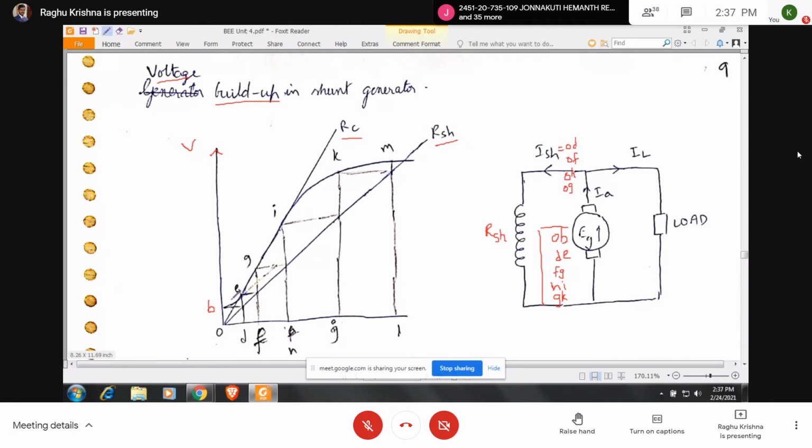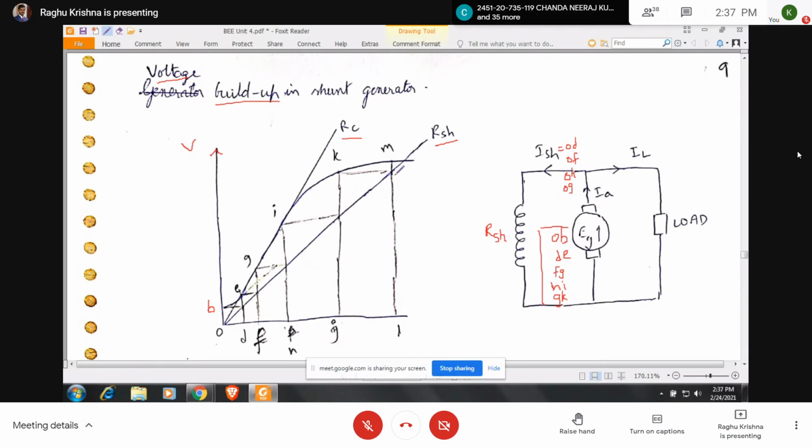Here V by I is resistance, so the slope of the line RSH gives the resistance of the shunt field winding. The slope of this other line gives the value of the critical field resistance.